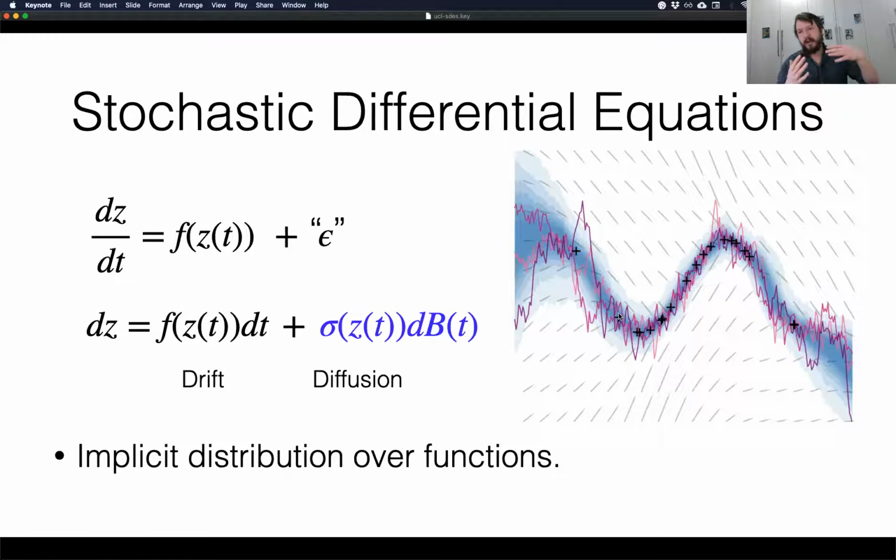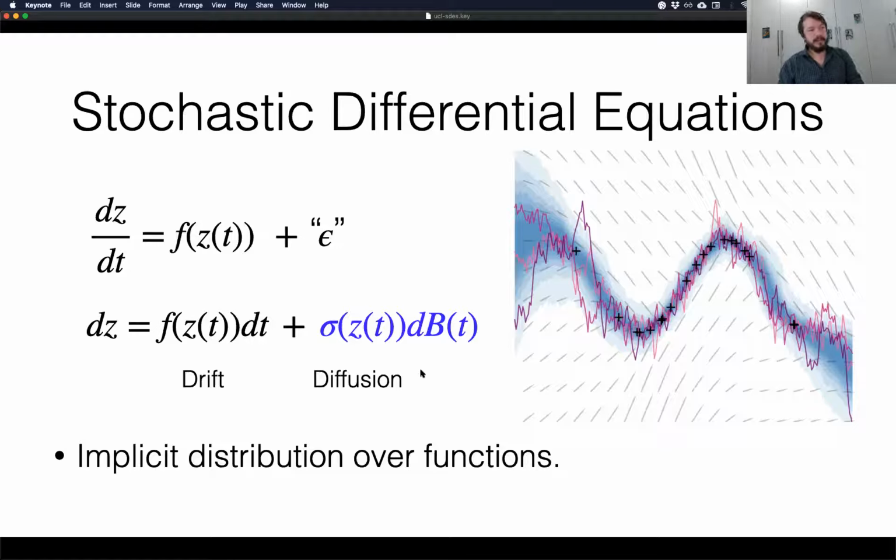I can get all sorts of complicated distributions over functions by the interplay between the diffusion that's spreading things out and the drift that might be squishing things together or spreading them. Here, for instance, I start with a very wide distribution, but the drift pushes things together, so I can end up with arbitrarily tight marginals if I want.